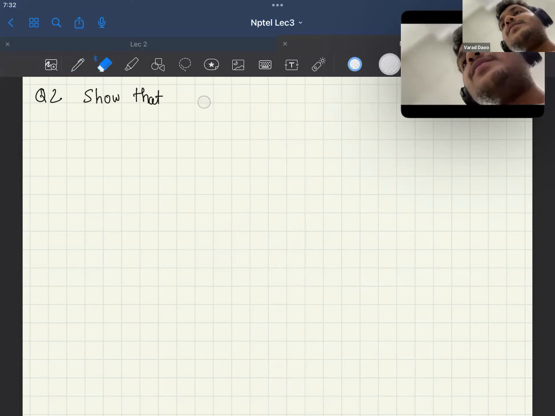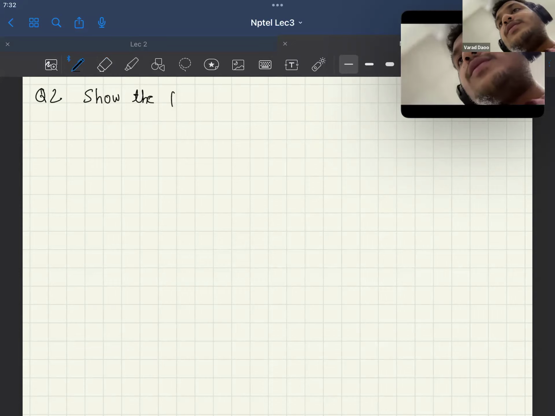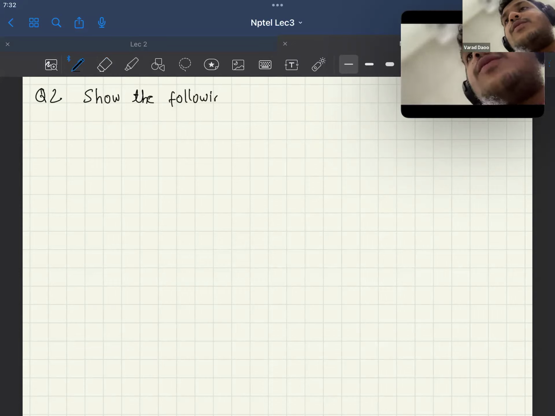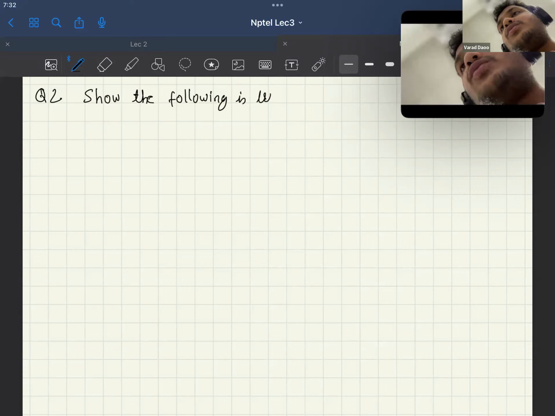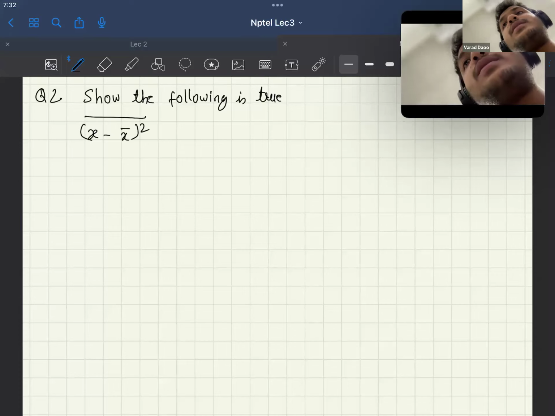Show the following is true: the average of (x minus x bar) squared is equal to the average of x squared minus x bar squared.